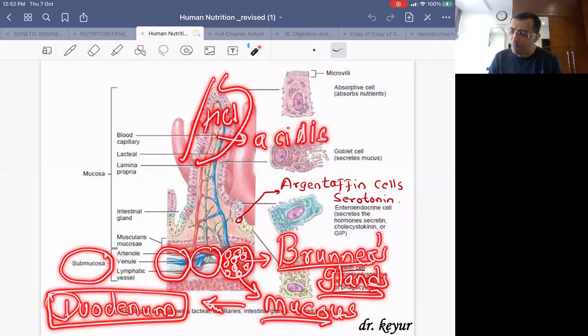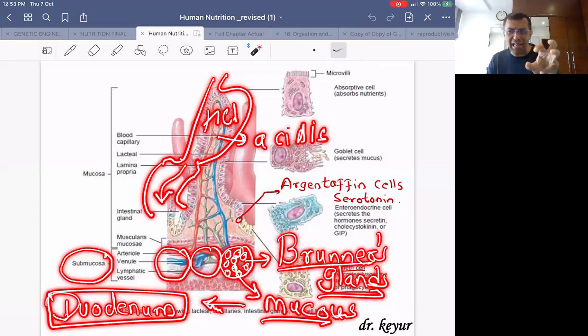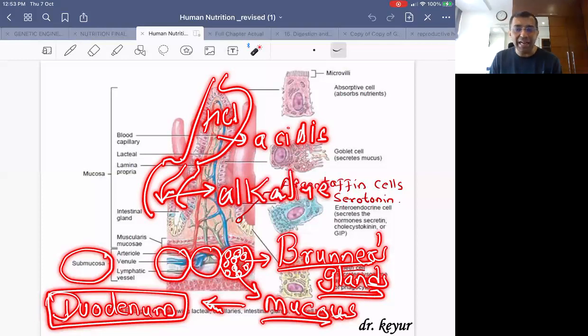But once the pyloric sphincter opens and the acidic chyme enters the duodenum, do you remember digestion mainly takes place in your duodenum, and all the enzymes required for digestion of proteins, carbohydrates, fats are found in your duodenum. But these enzymes get activated at an alkaline pH.